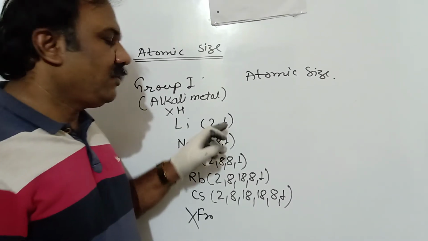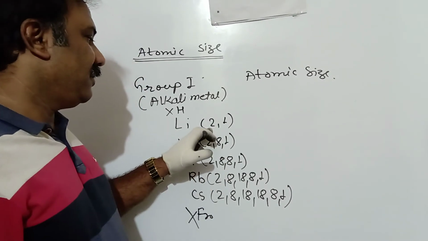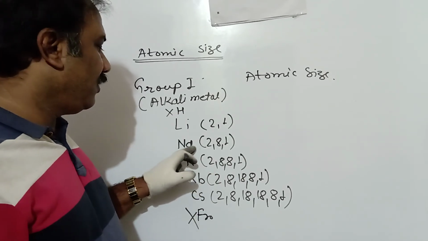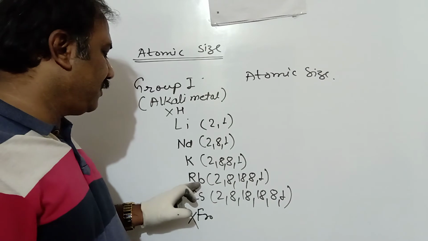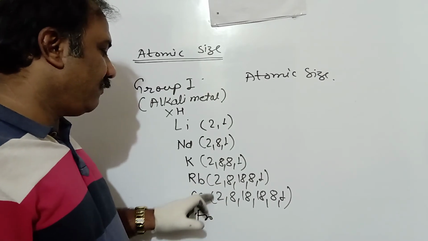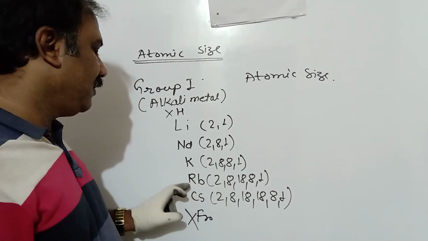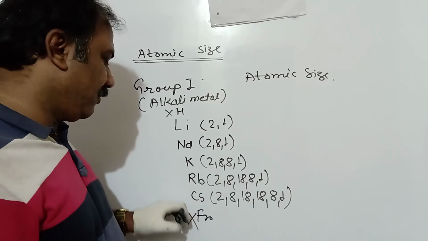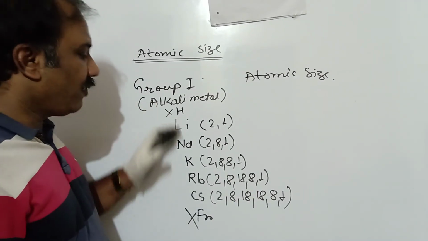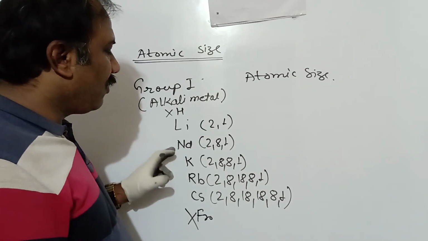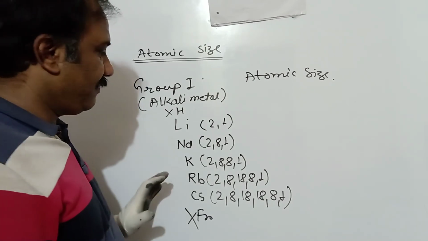So lithium has only 2 shells or orbits, then sodium has 3 orbits, potassium has 4 orbits, rubidium has 5 orbits, and cesium has a total of 6 orbits. So from top to bottom, the number of orbits goes on increasing.